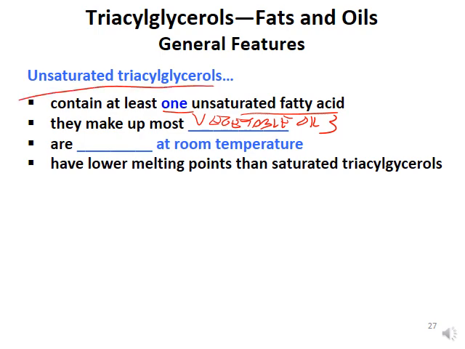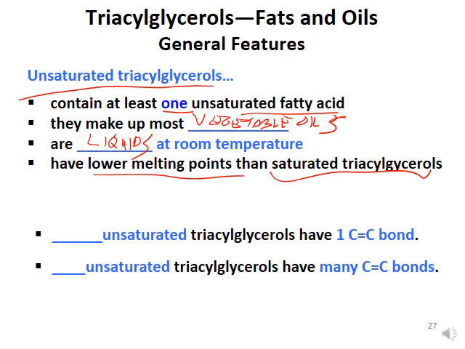And as you know, most vegetable oils, corn oil, safflower oil, canola oil, vegetable oil, they're liquids at room temperature. You can buy them in bottles at the grocery store. So obviously, if they're liquid at room temperature, they have lower melting points than the saturated, for all the same reasons we said before.